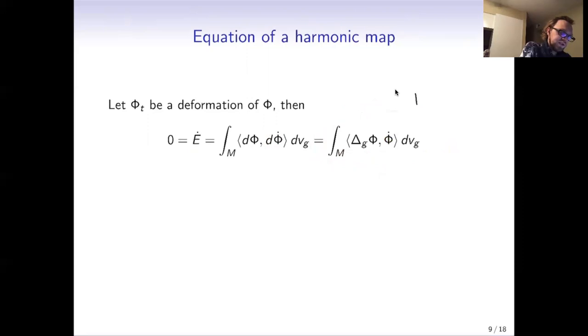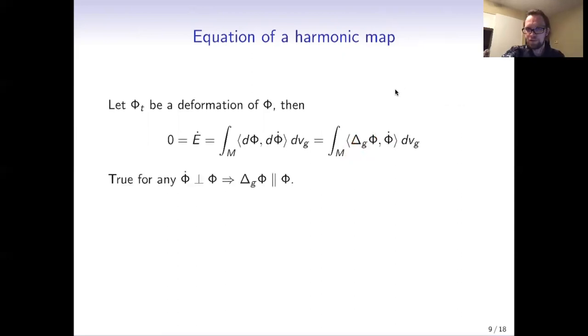Your condition is that φ_t squared has to be 1, so it's always a map to the sphere. When you differentiate this, you get that φ·φ dot is 0, so φ dot is always orthogonal to φ. It's the only condition on φ dot. So it means that the Laplacian of φ should always be parallel to φ, which is true for any φ dot orthogonal to φ.